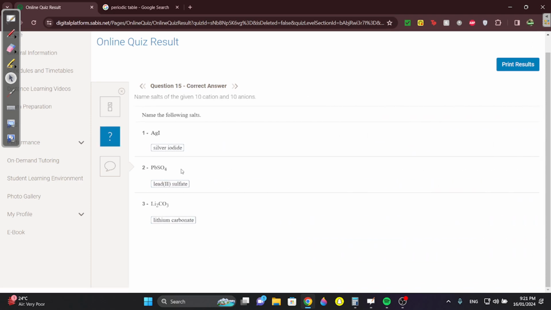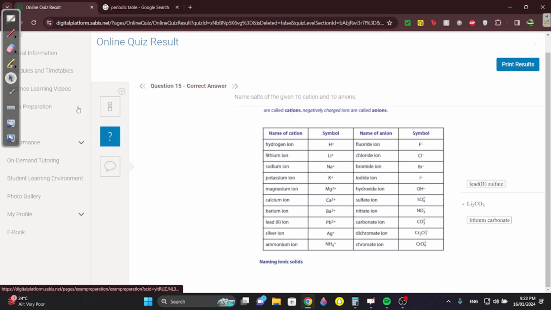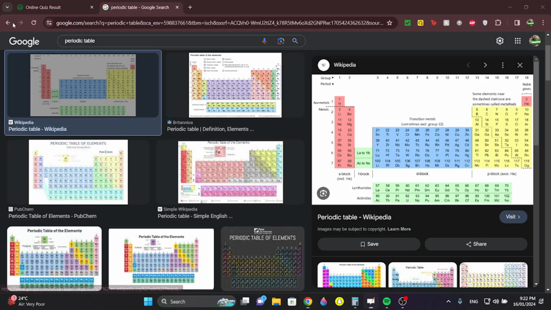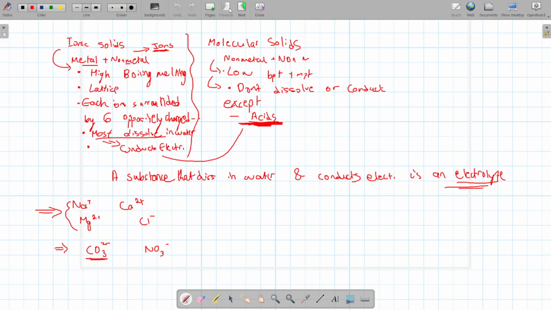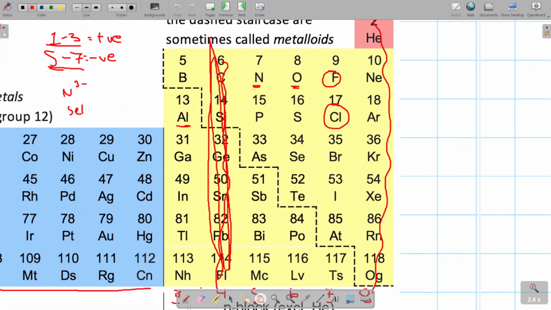This one you name them, but they can't be capital. Silver, Ag, is silver from the periodic table. Silver iodide, always group 7. In group 7, if you name them, they always have to end with IDE, like fluoride, chloride, bromide, and iodide.